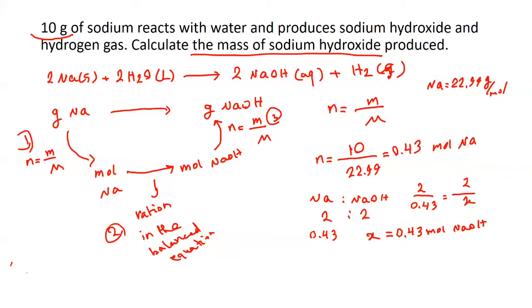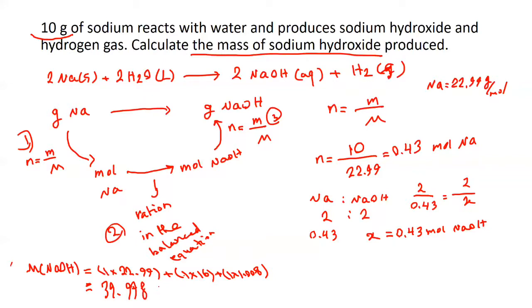I write it here, M of NaOH is equal to: we have 1 sodium, and from the periodic table sodium is 22.99, plus we have 1 oxygen, and oxygen is 16, plus we have 1 hydrogen, and from the periodic table hydrogen is 1.008. That is equal to 39.998 grams per mole.